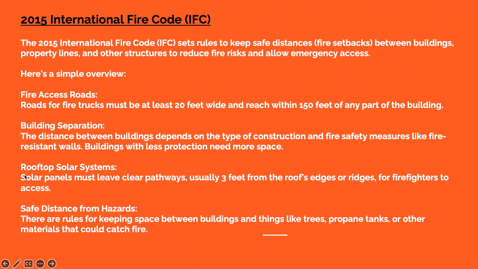If there is a rooftop solar system, solar panels must leave clear pathways, usually 3 feet from the roof edges or ledge, for firefighters to access. Safe distance from hazards: there are rules for keeping space between buildings and things like trees, propane tanks, or other material that could catch fire.